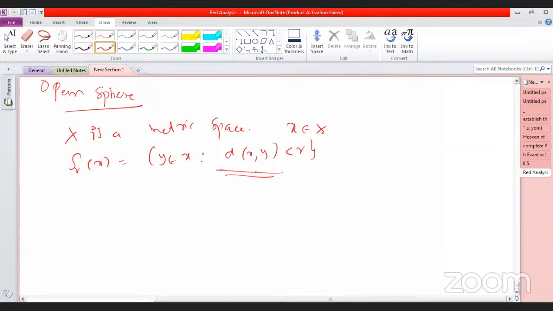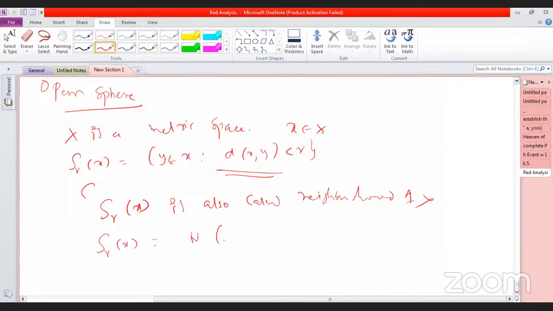Center we take as small x, radius we take as capital R. We write here an open sphere. An open sphere S_r(x) is also called a neighborhood of x. So therefore S_r(x) we can write here. What is this symbol?